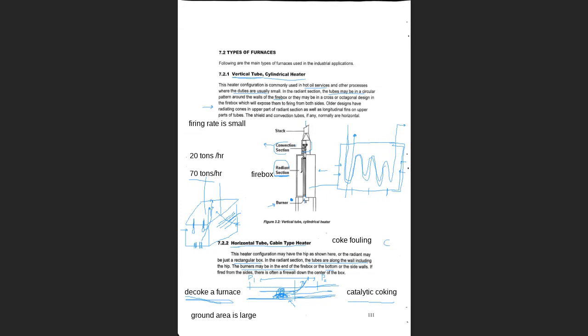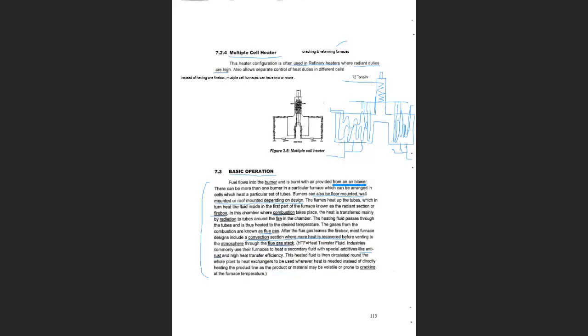So sometimes they inject chemicals, جميل, and for your information, guys, in the cracking furnaces, one of the most famous chemicals used to minimize coke formation is what is known as DMDS, اللي هو dimethyl disulfide. I hope I got the spelling right.